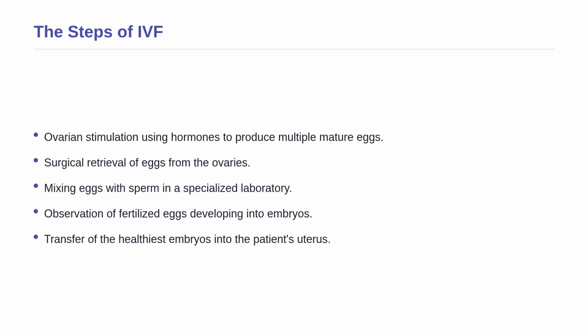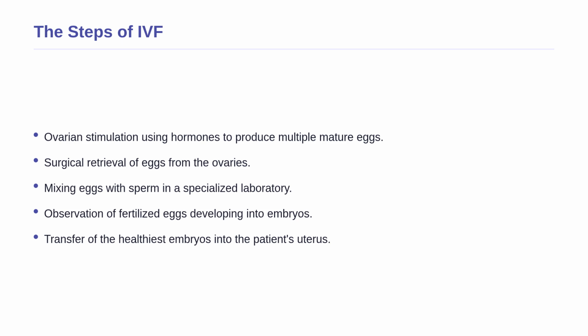Now that we understand the basic idea, let us look at how the actual medical procedure unfolds. IVF is not a single event, but a complex series of steps. It begins with ovarian stimulation, where specific hormones are administered to encourage the ovaries to produce multiple mature eggs, rather than the usual single egg.